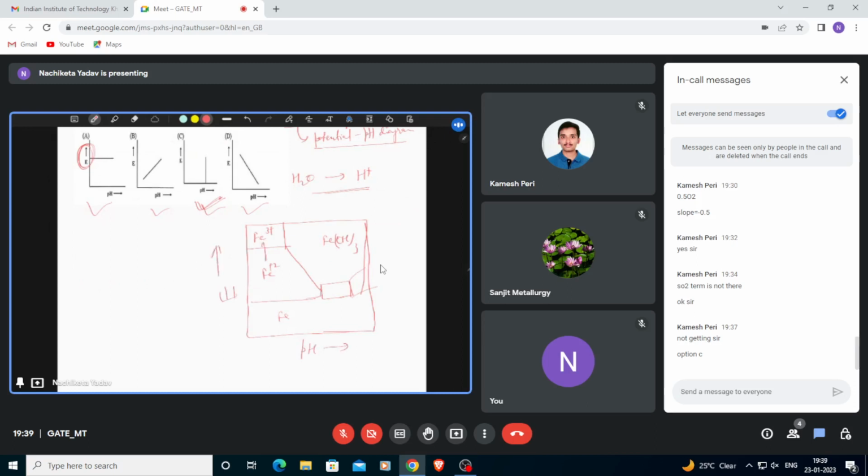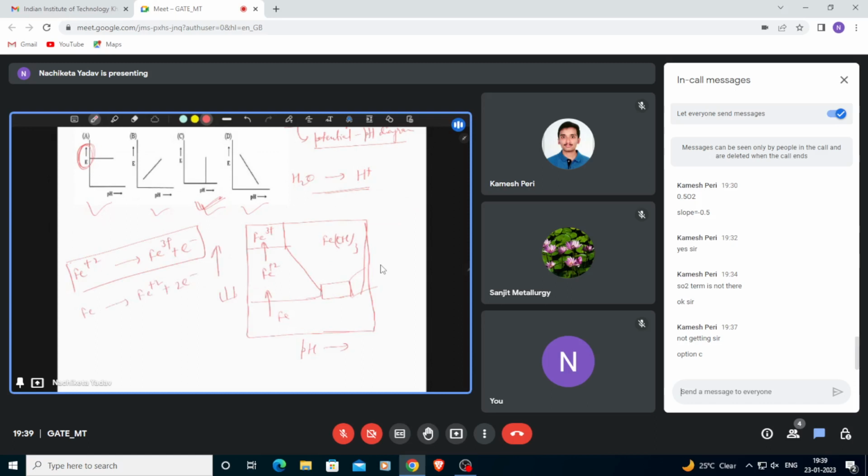So here, if we go from Fe 2 plus to Fe 3 plus, 1 electron, and from Fe to Fe 2 plus, 2 electrons.